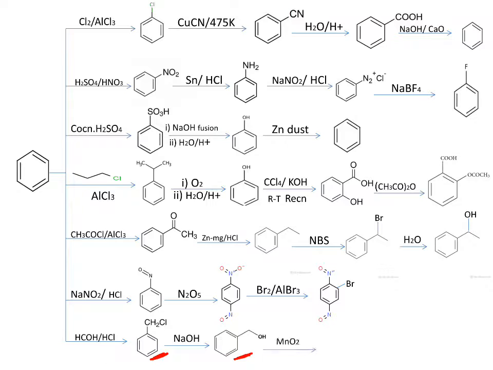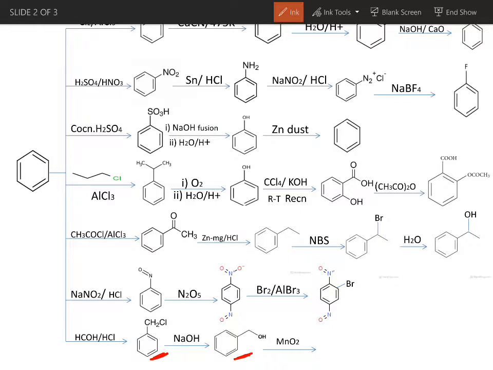This benzyl alcohol is further reacted with manganese dioxide. MnO2 is a selective oxidizing agent. MnO2 is used for oxidation of allylic or benzylic alcohol. Now here this is a benzylic alcohol. By selective oxidation with MnO2, allylic or benzylic alcohol will get converted into aldehyde or ketone.